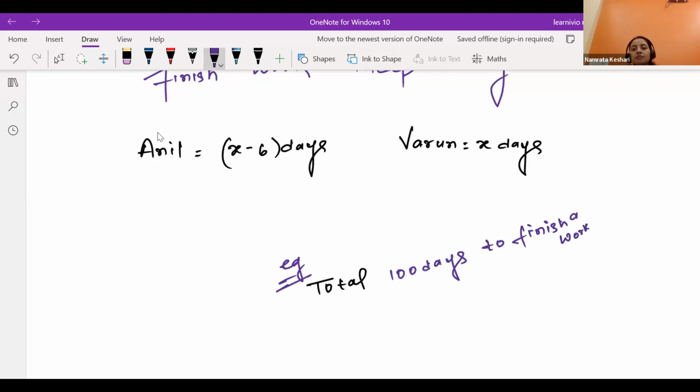Whenever I say finish a work, that means one complete work is getting finished. Whenever we talk about percentage, we say 100% work done, and when we talk in fractions, one means the complete work. So if the complete work, one work, is getting finished in 100 days, we can write it like this.